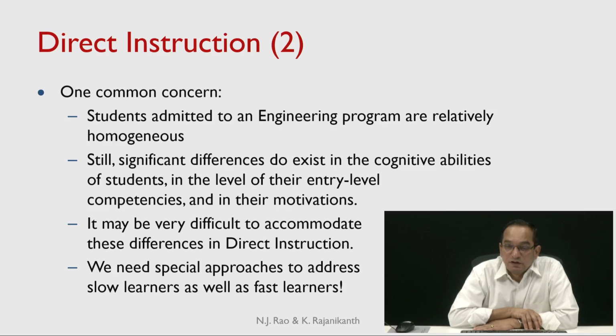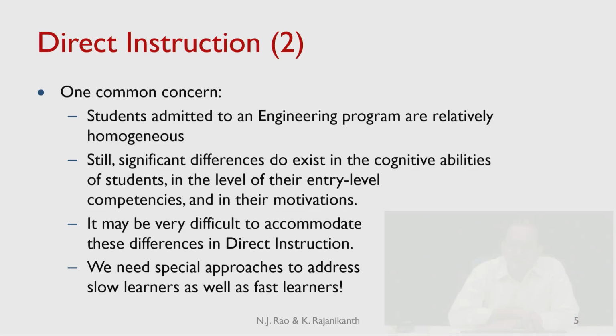However, we cannot ignore the fact that the students have considerable differences in their cognitive abilities, prerequisite knowledge and motivations. So, we need special approaches to address slow learners as well as fast learners, and those with low motivation levels and those with high motivation levels. But that would be a separate aspect when direct instruction is used. Direct instruction by itself is not very good at accommodating these differences in the learners.